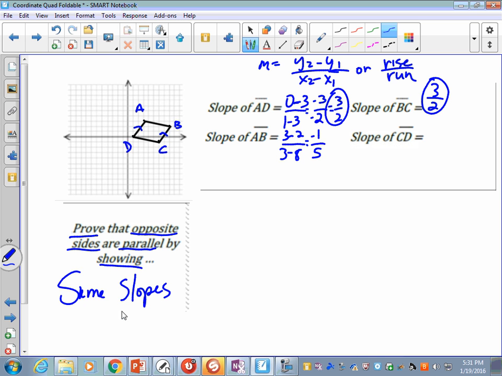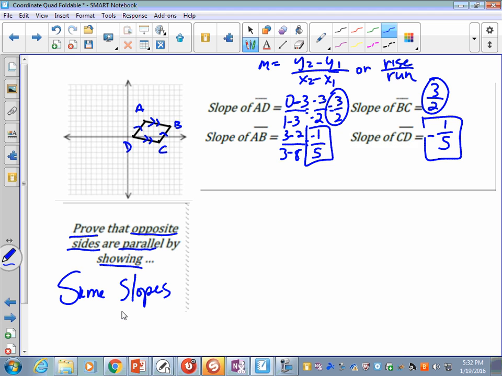If I count my rise over run from C to D, starting at C, I'm going up 1 but then to the left 5, or starting at D, I'm going down 1 to the left 5. This also is 1/5. So again, opposite sides are parallel. I'm showing that AB is parallel to CD because they have the same slope.